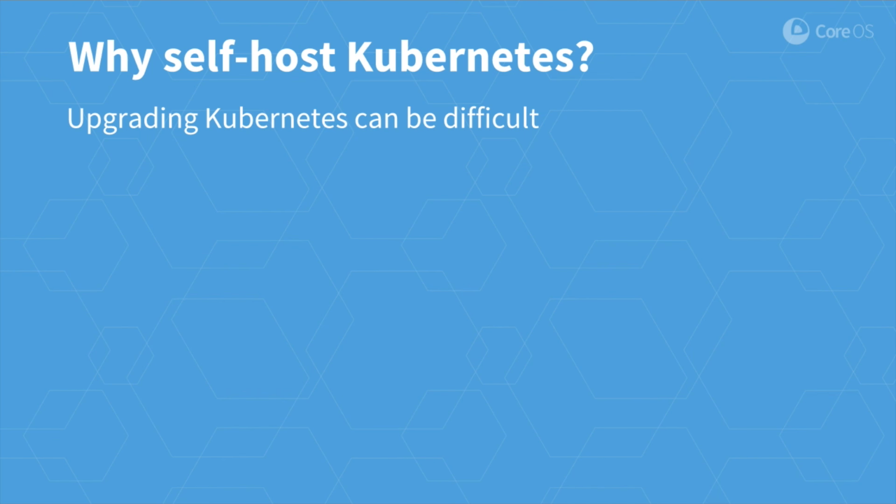So another really big reason that self-hosting can help us out is that upgrading Kubernetes right now can oftentimes be a difficult process. Part of that is because if we are deploying these components as static binaries on the host, or even as static pods on various hosts, it's our responsibility to reach out to each of these nodes and essentially update files on disk.